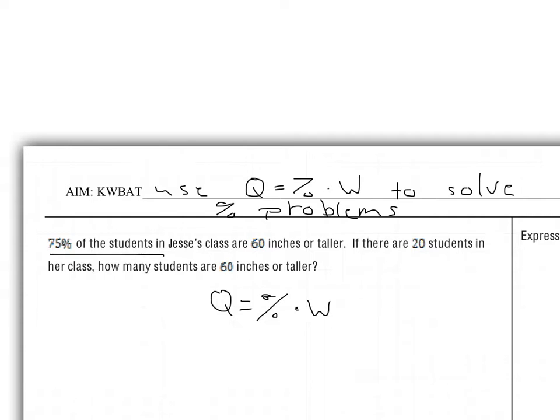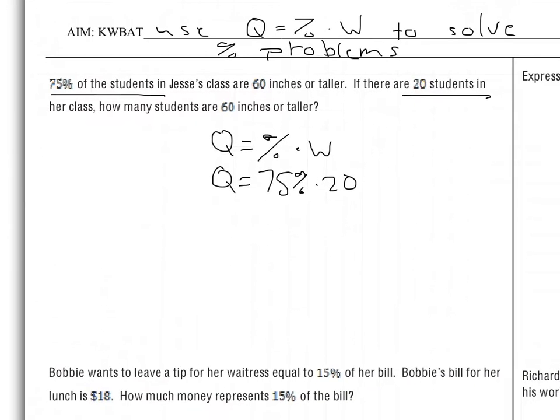I know that there actually are 20 students in the class, so this is going to be 75% times the 20. So the number of students, or that part, is going to be 0.75 times 20. And actually I can do this one in my head. 0.75 I know is 3/4. 3/4 of 20 is 15.